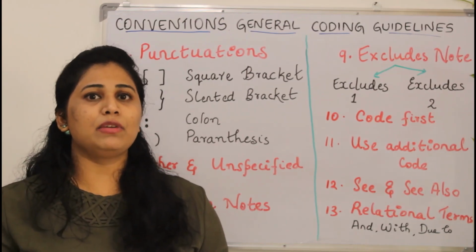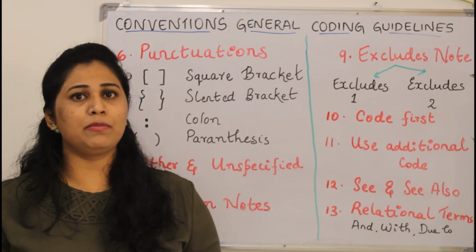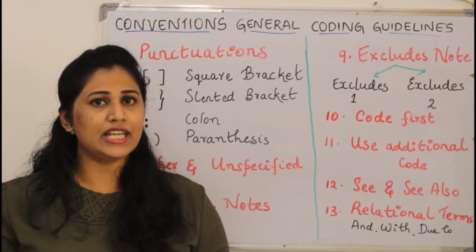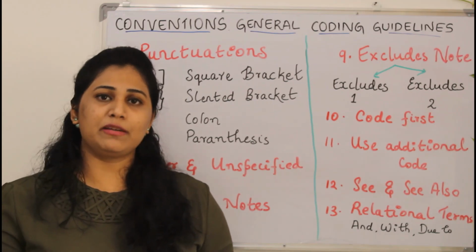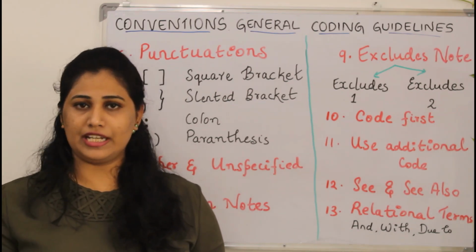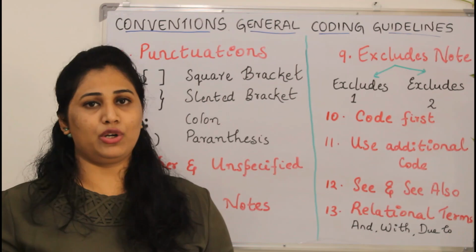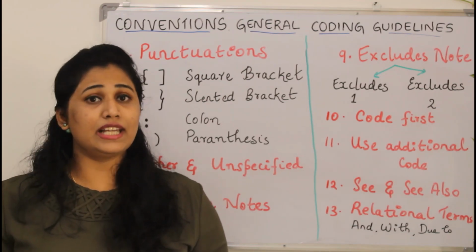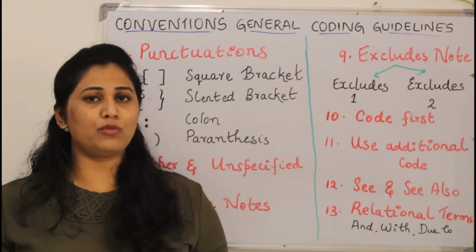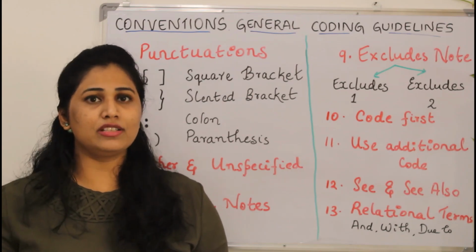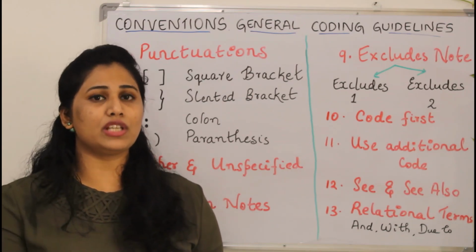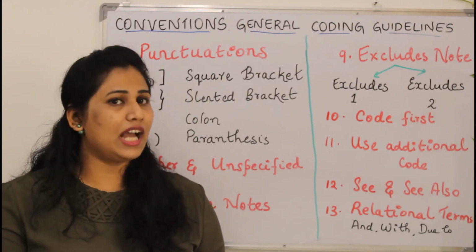Okay. For an example, if the patient is coming with hypertension, along with that the patient is having CKD, chronic kidney disease. Doctor has documented hypertension since so many years, and CKD since 1 or 2 years. In that case, as a coder, what you are supposed to check? You should ask the doctor whether this CKD is associated with hypertension.